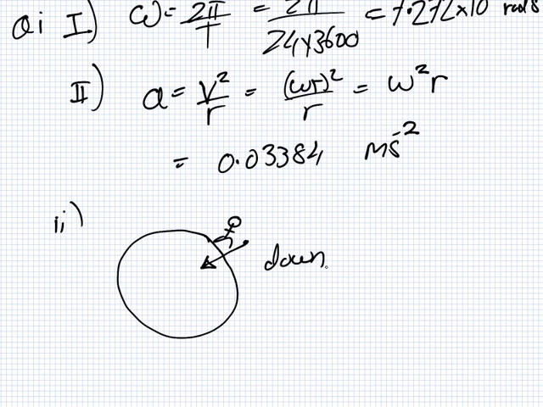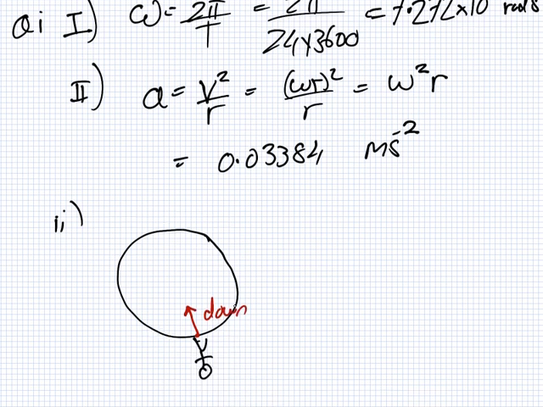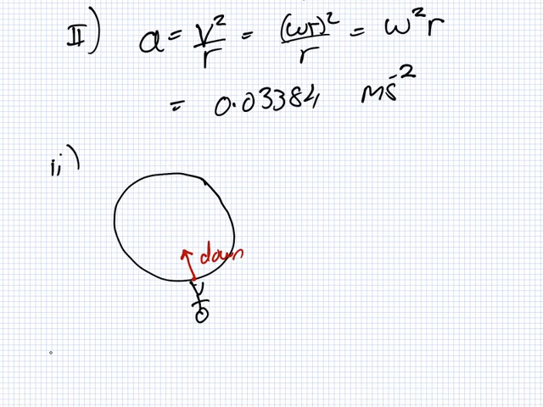Even here, in Australia, it's towards the Earth, so it's still downward. This is down for him too. Okay.